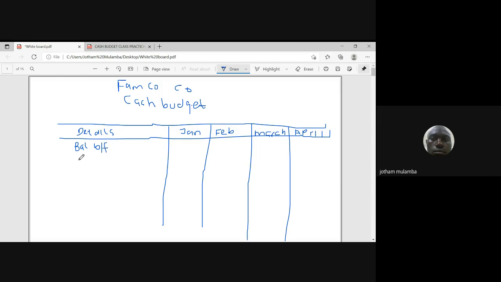Then after balance brought forward, we record cash inflow. Now, under cash inflow, we had commission, 1%.